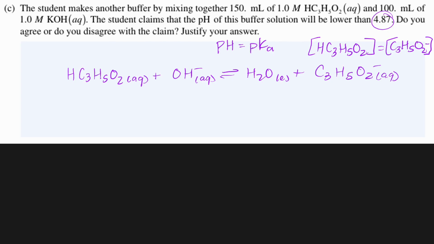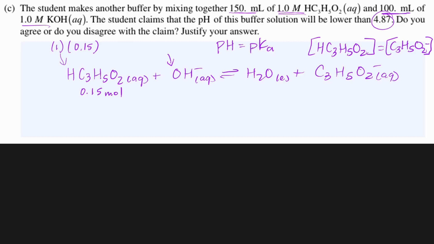All right, so I am starting with 1 molar and 150 milliliters of propanoic acid. So in order to get moles of that, I have 1 molar times 0.15 liters. So I am starting with 0.15 moles of propanoic acid. Then for hydroxide, I have 100 milliliters of 1 molar.